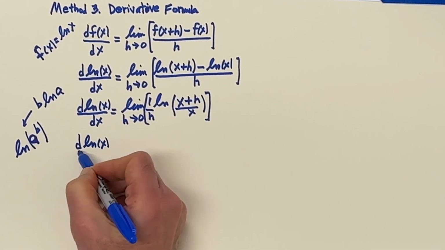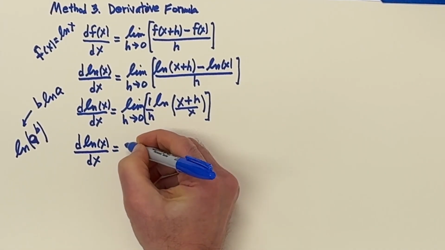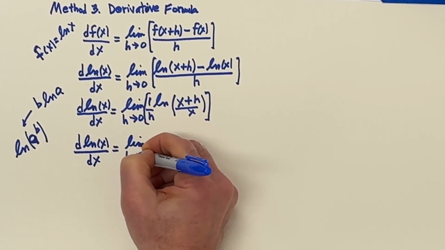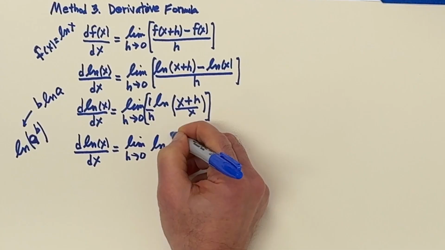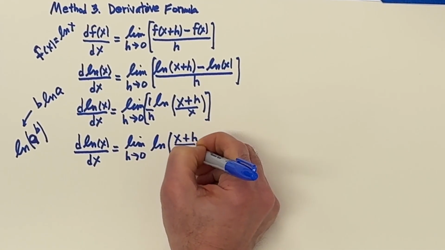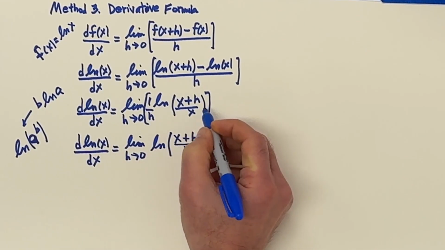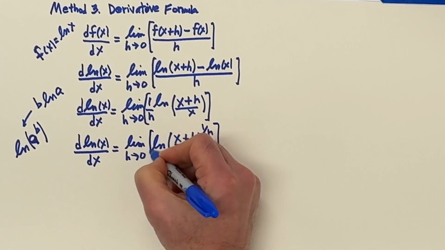So we have the derivative of the natural log with respect to x, and that's going to be the limit of h going to 0 of the log of (x plus h) over x, and we have then the 1 over h up there.